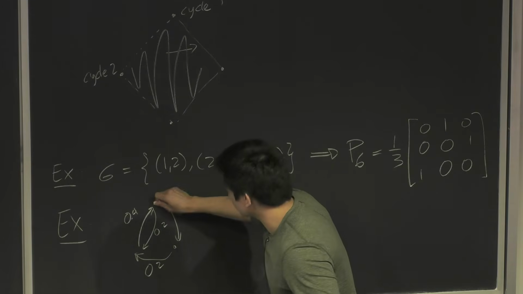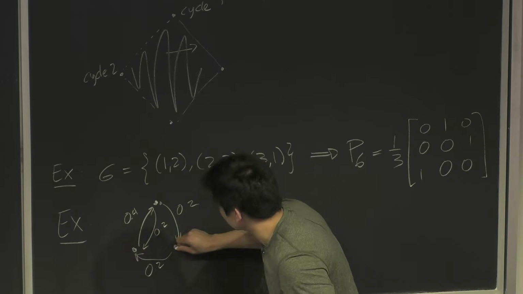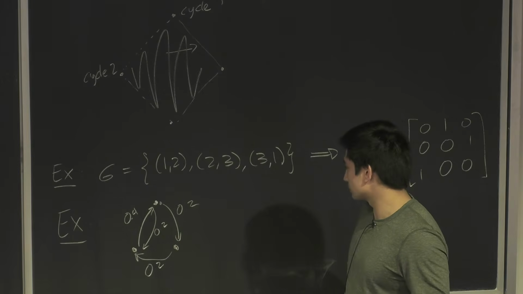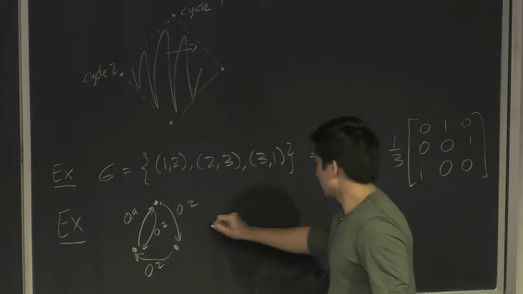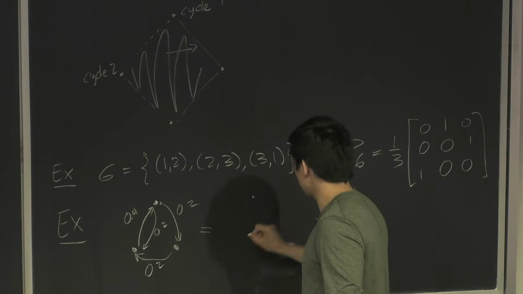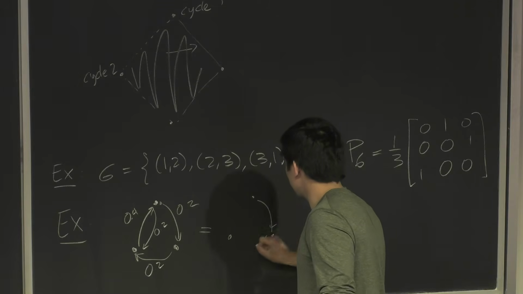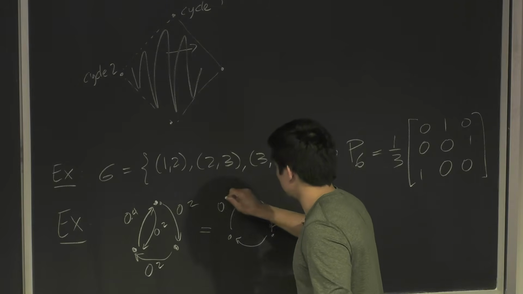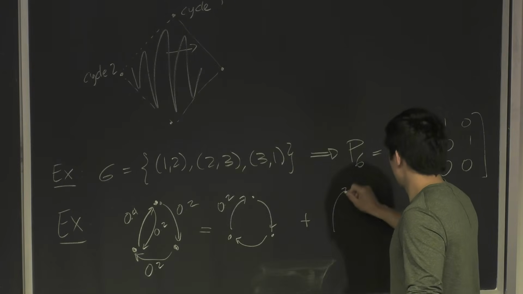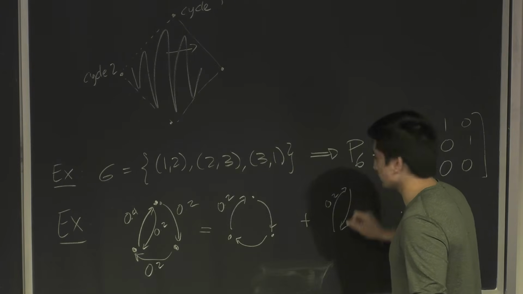This is a circulation because for each of these 3 vertices the inflow minus outflow, the net flow, is 0. And you can decompose this as a combination of 2 cycles, one which is 0.2 on all of these edges, and one which is, okay, here the numbers matched up to be 0.2, but of course they could be different.